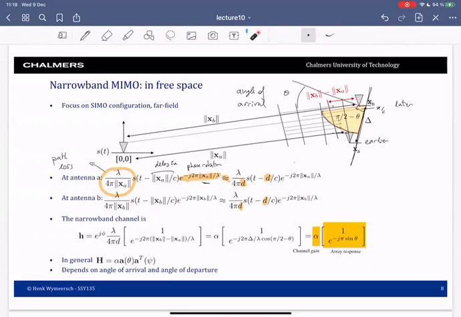Right, and now I can combine this so that the whole channel here, this is now a vector h from the transmitter to the receiver, is given by lambda over 4 pi d, because that's common to these. The delay is common, so this is a narrowband channel, so I can ignore the delay as a function of the channel.